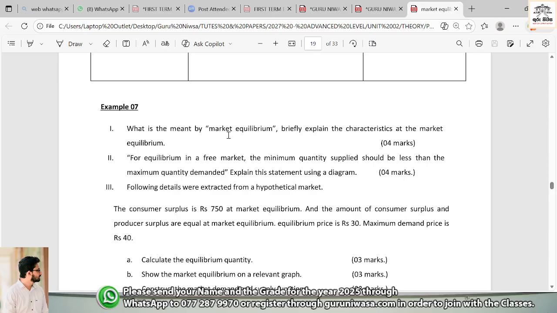What is meant by market equilibrium? It's simple. Briefly explain the characteristics at the market equilibrium. Dipna, how would you answer? I'd like to hear your voice.